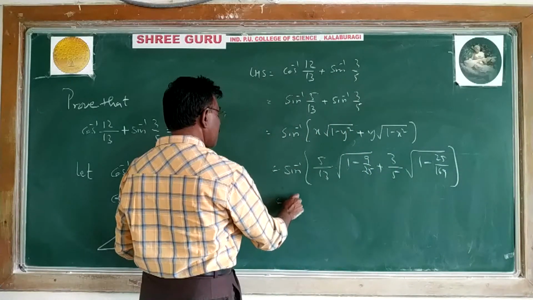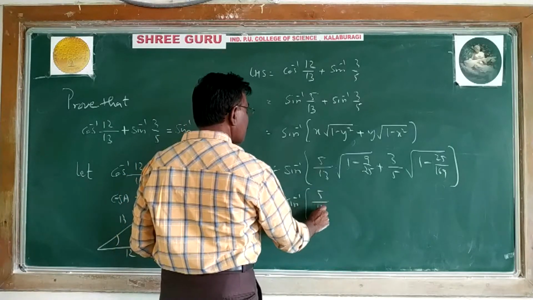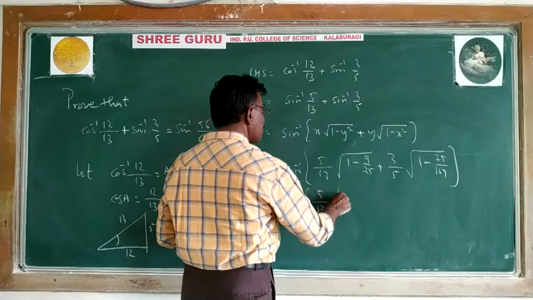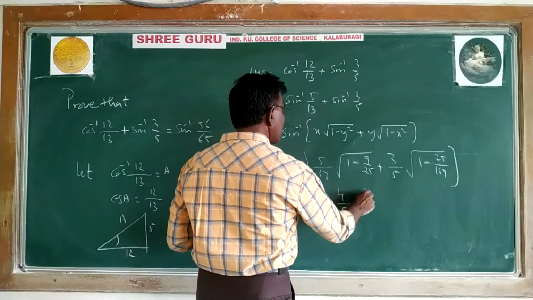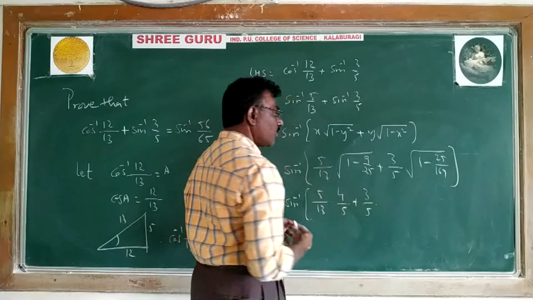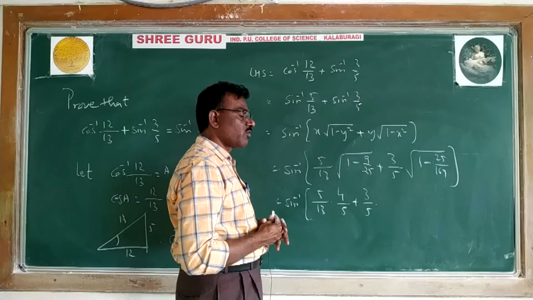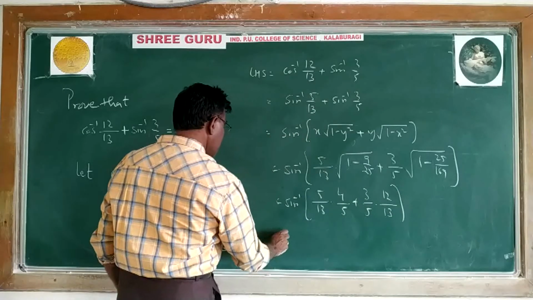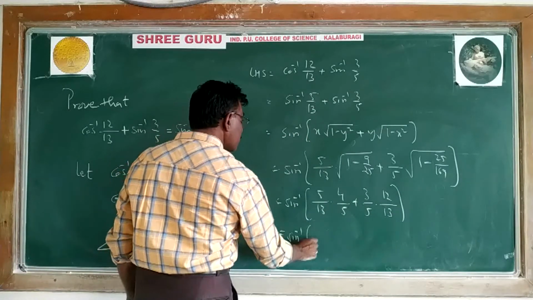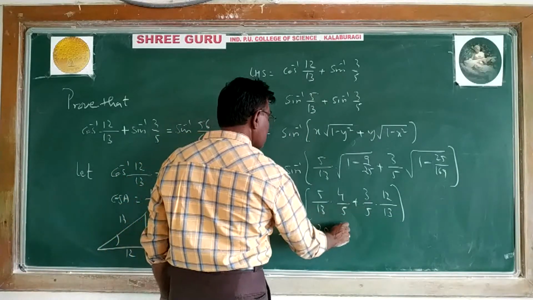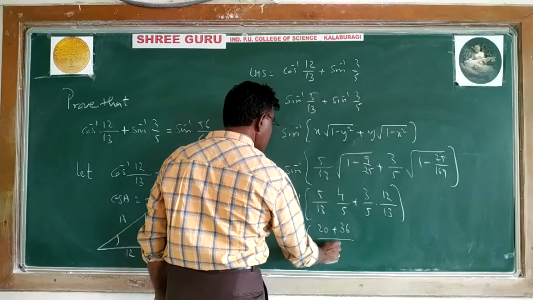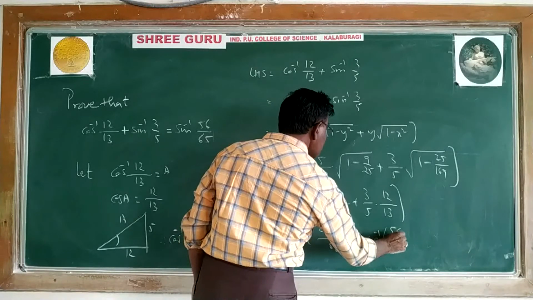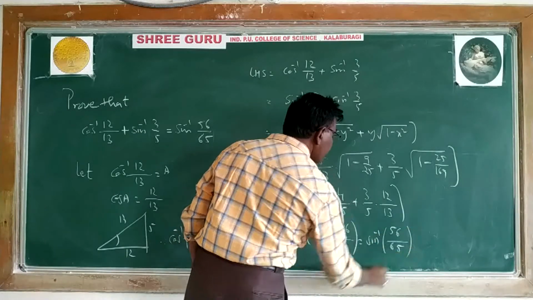So sin inverse of 5 by 13, 25 minus 9, 16. 16 means 4 by 5 plus 3 by 5, 169 minus 144, 12 by 13. Okay, and sin inverse of 20 plus 36 by 65 equal to sin inverse of 56 by 65. Okay.